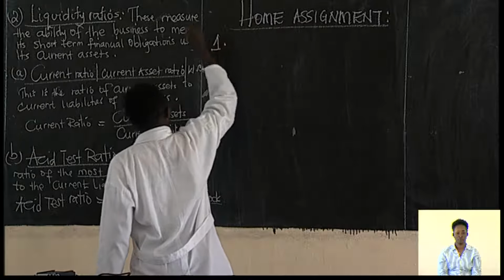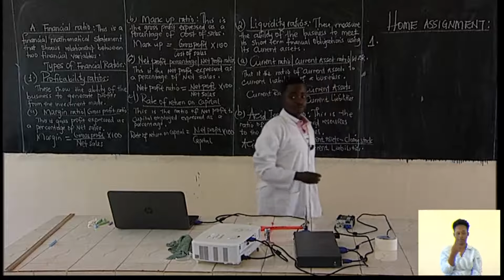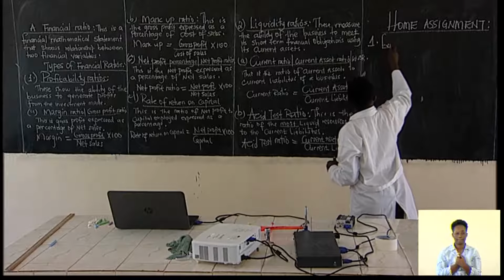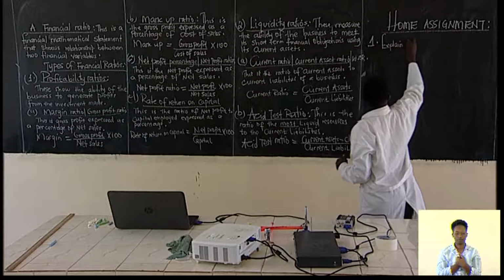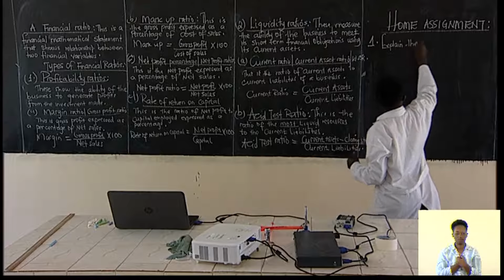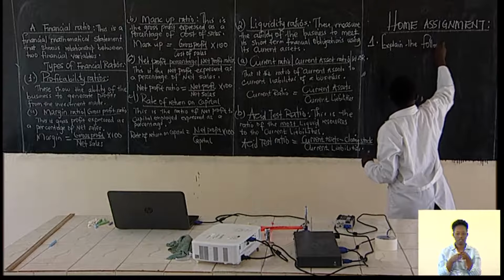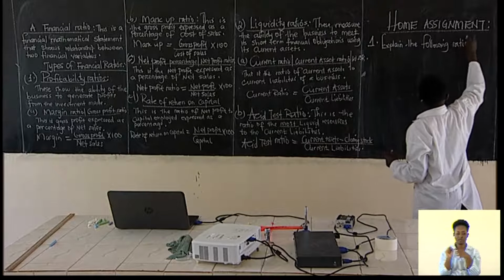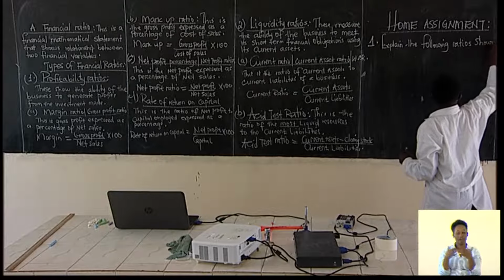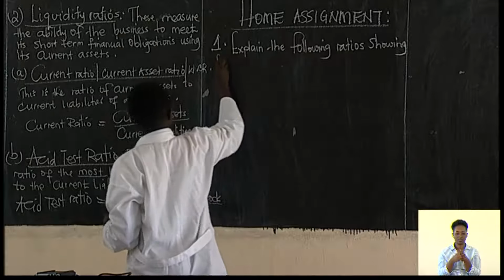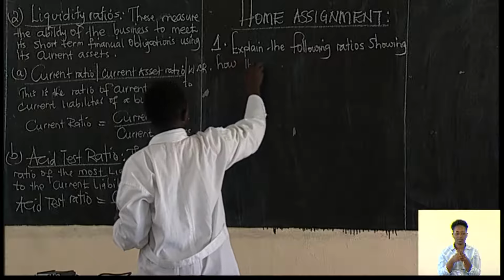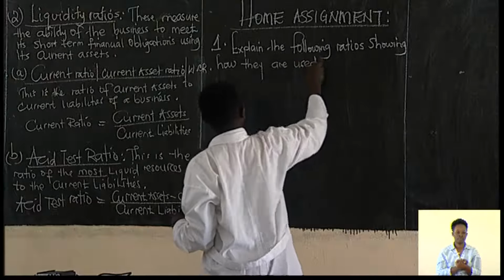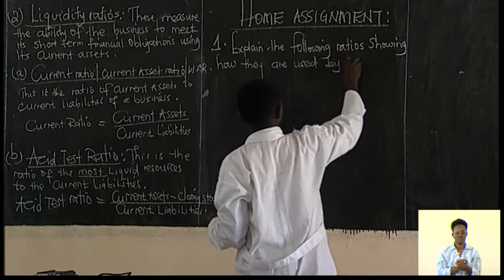So my question number one, which I want you to work out: explain the following ratios, showing how they are used by the business.